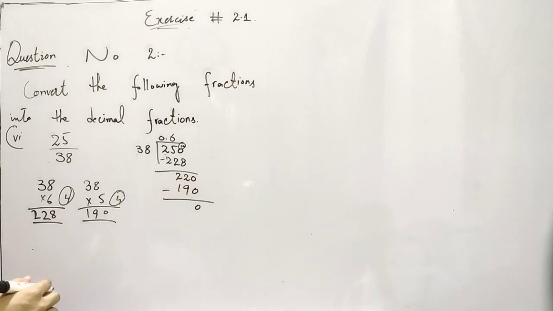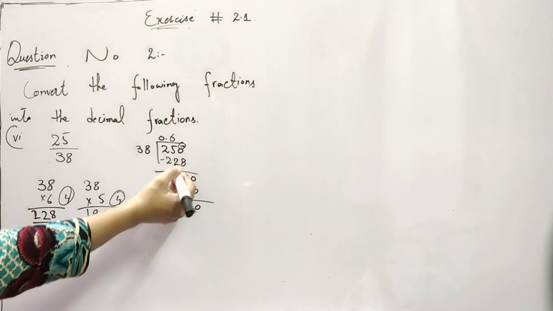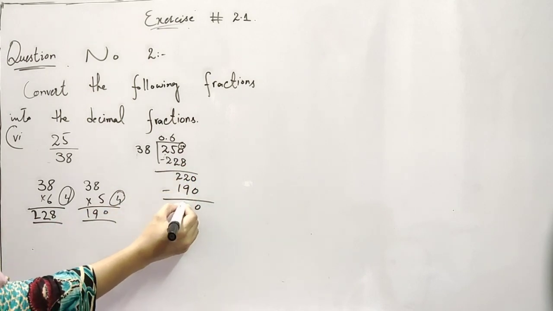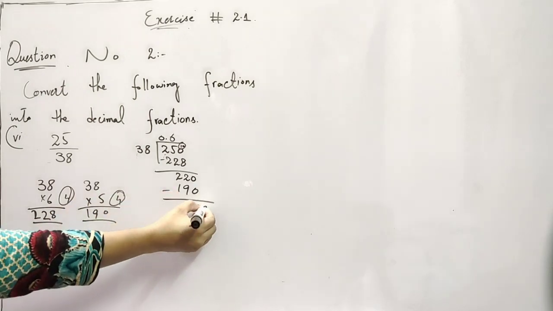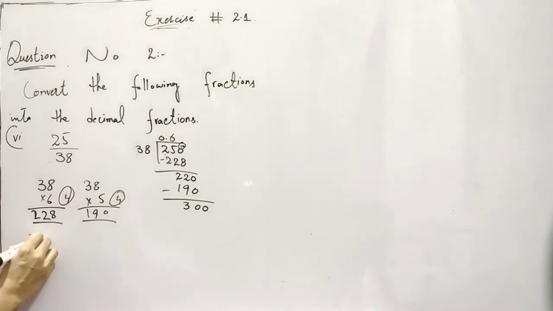Now minus 190 from 220, we will get 30 here. Again put 0 here and multiply 38 by 7.